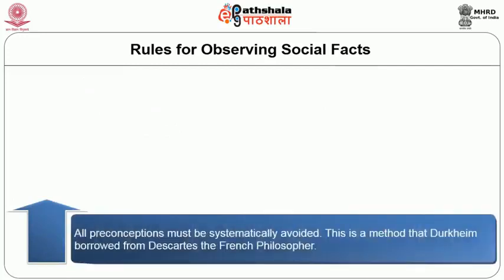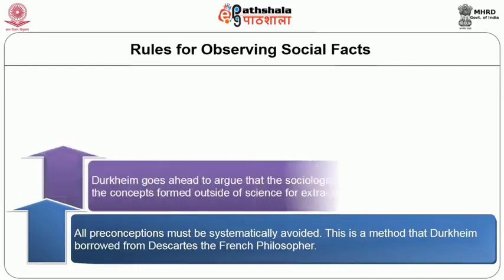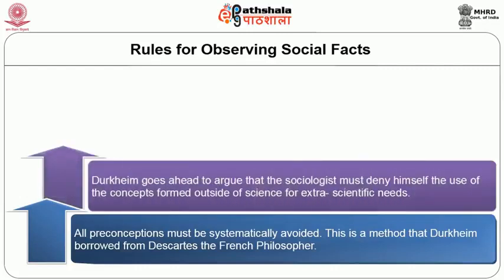The first of these corollaries is that all preconception must be systematically avoided. This is a method that Durkheim borrowed from Descartes, the French philosopher. Durkheim goes ahead to argue that the sociologist must deny himself the use of concepts formed outside of science for extra-scientific needs.